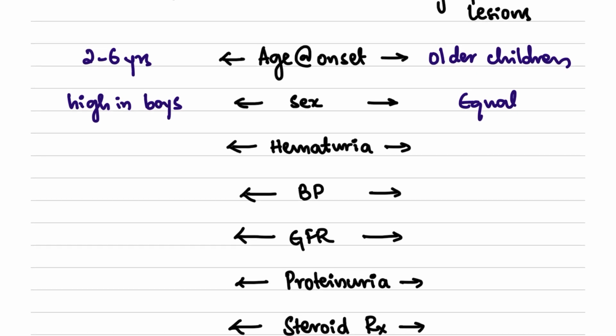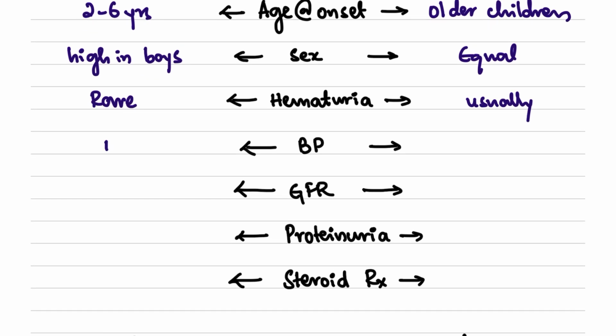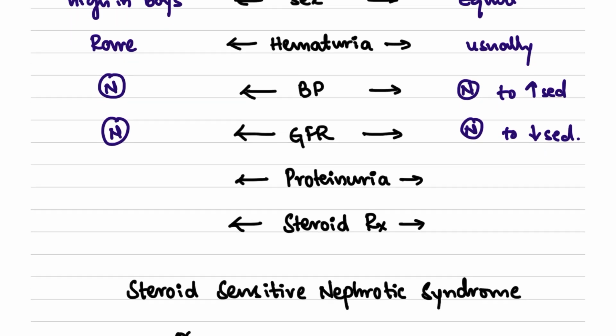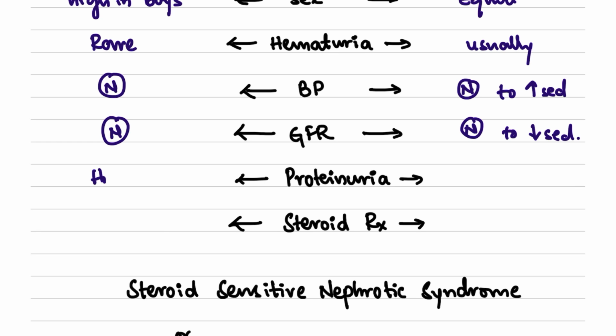When it comes to hematuria, this is rare in minimal lesion, while this is usually seen when it is a significant lesion. When it comes to blood pressure and GFR, both are normal in minimal lesion, while blood pressure may be normal or raised in significant lesion, and GFR might be normal to reduced in the significant lesion. When it comes to proteinuria, it is usually very high in the minimal lesion and very low in the significant lesions.